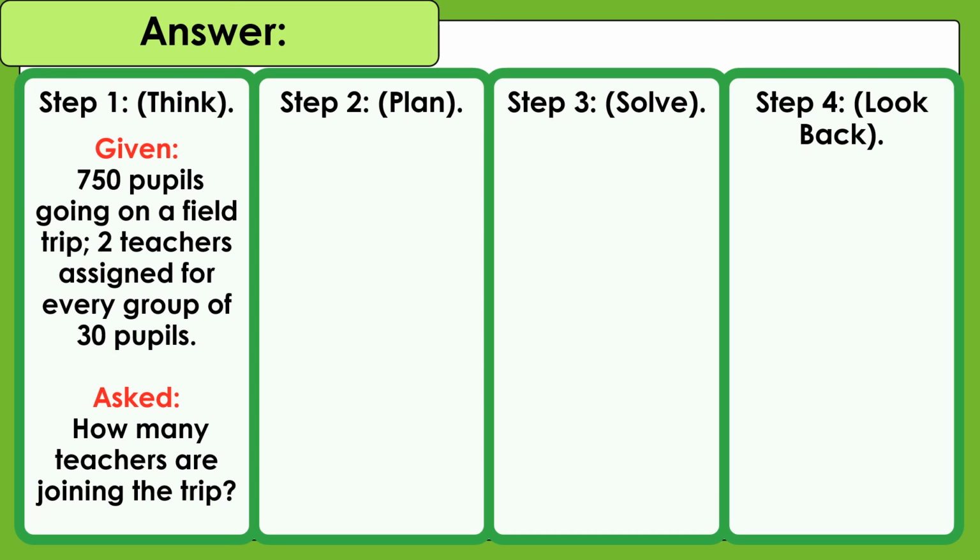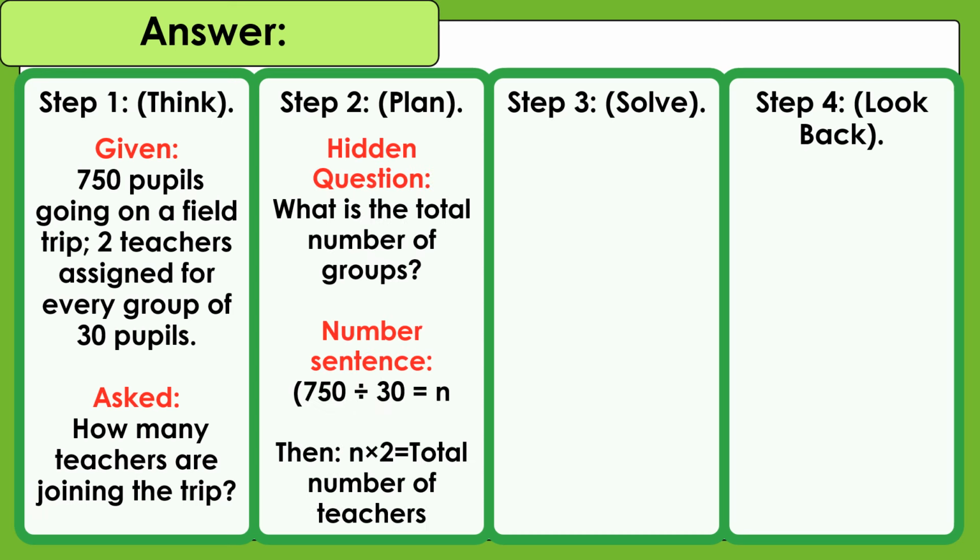Ask, how many teachers are joining the trip? Step 2. Plan. Hidden question: What is the total number of groups? Number sentence: 750 divided by 30 equals n. Then, n times 2 equals total number of teachers.